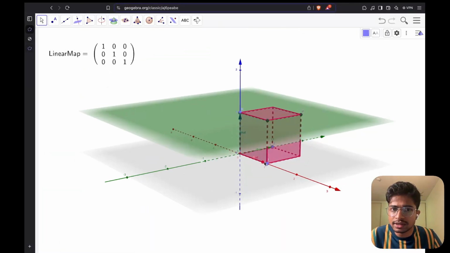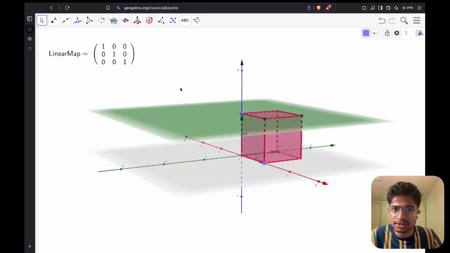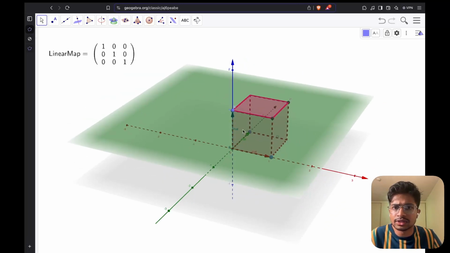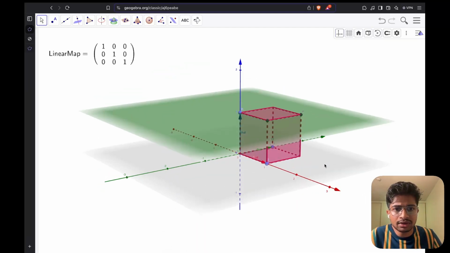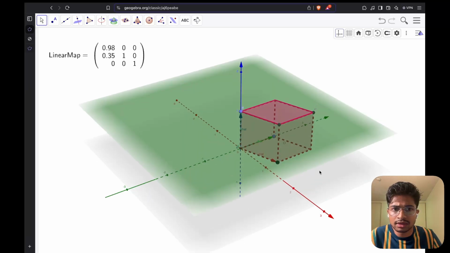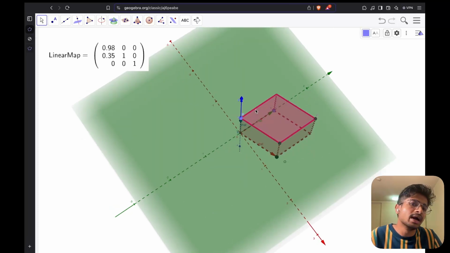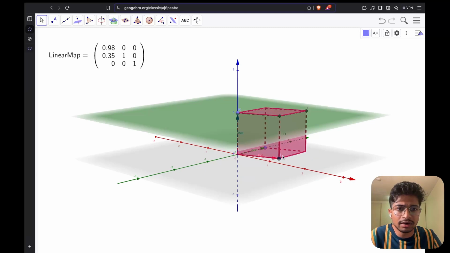So you could see in this particular illustration, we have this cube which has a unit side length, and which is basically defined by unit vectors along the XYZ axes. And there is this linear map which defines the translation of it. When I do this sort of transformation, where the cube is squeezed, you could see this linear transformation matrix is changing. And on the plane as well, you could see this particular transformation is given out by this matrix.